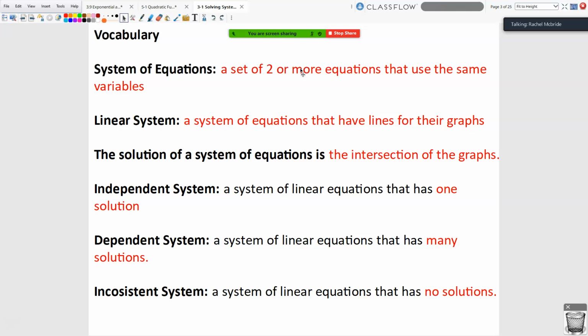An independent system is a system that has one solution. A dependent system has many, and an inconsistent system has none.